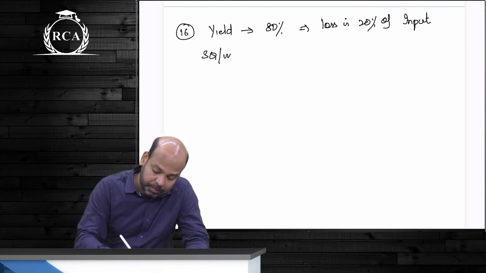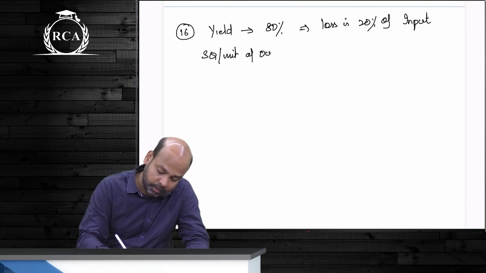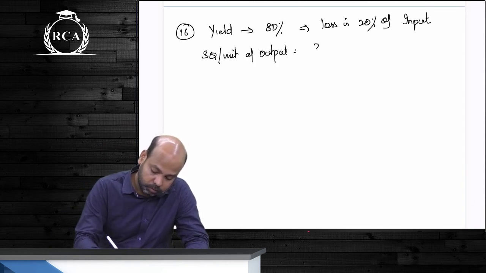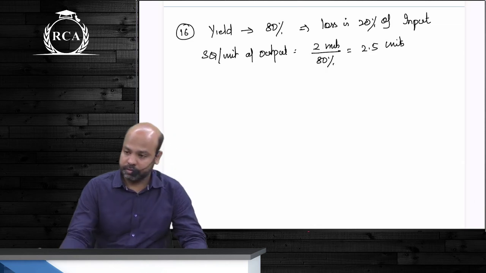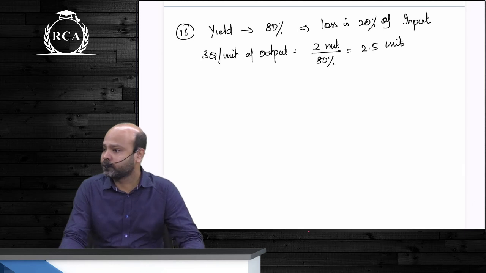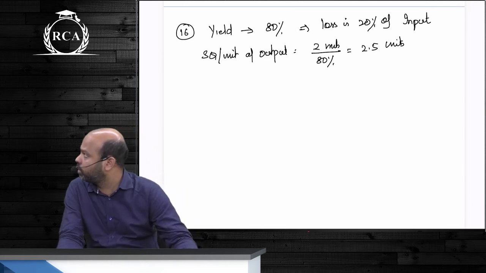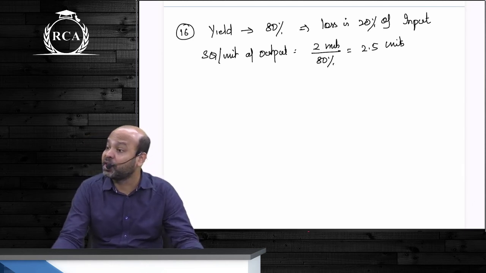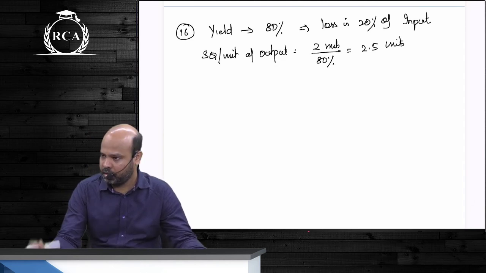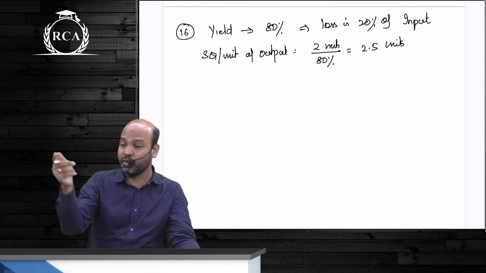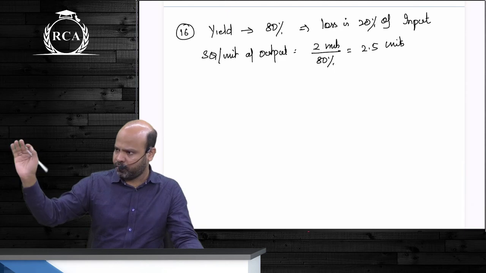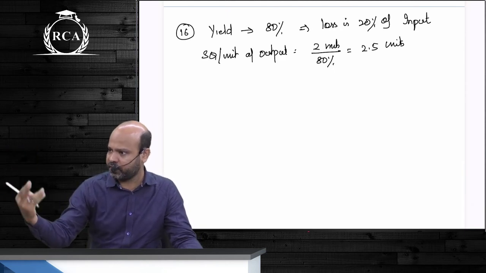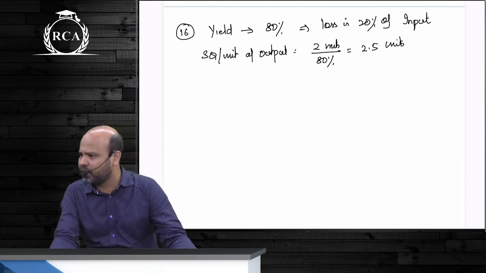Standard quantity per unit of output: I will write 2 units divided by 80%, which is 2.5 units. You understood why I am dividing 2 by 80%? Input output ratio is 80%. So if you use 2.5 units, 20% of 2.5 will be lost. How much remains? 2 units. That is what you are consuming in the final product.